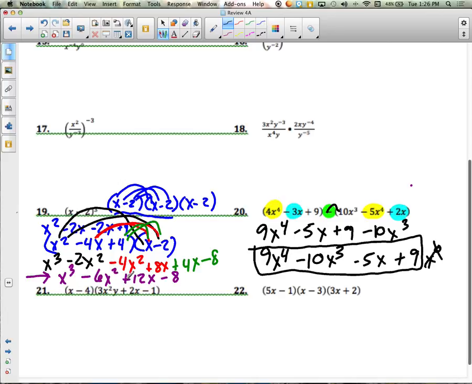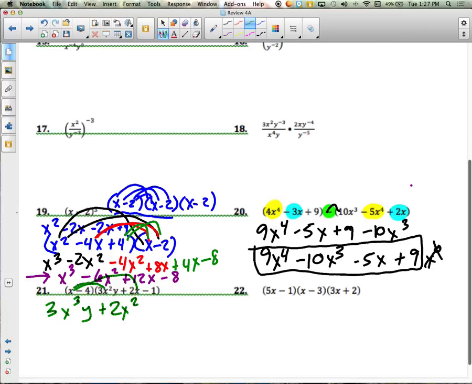Alright, number 21 is a multiplication. If you look at the parentheses, they're side by side. No operation in between them like number 20. So let's multiply this out. I'm going to go x times 3x squared y gives me 3x cubed y. I'll go x times 2x gives me 2x squared.